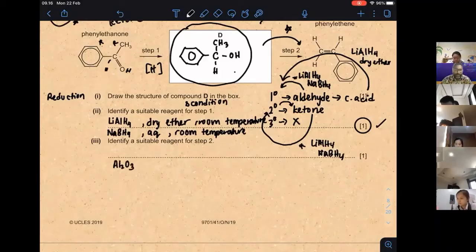You are using this, and then you can change it into alkene. Now in the same textbook on the same page, there is a question that they also included, where you need to know that apart from using Al2O3, you can also use concentrated H2SO4 to achieve this.